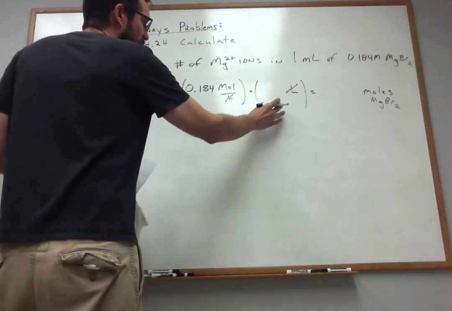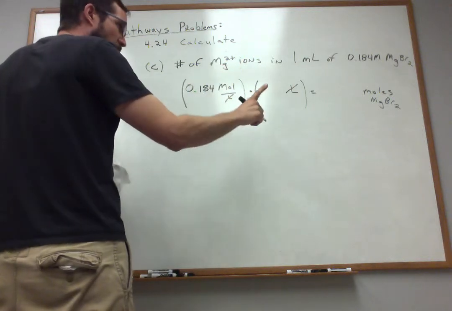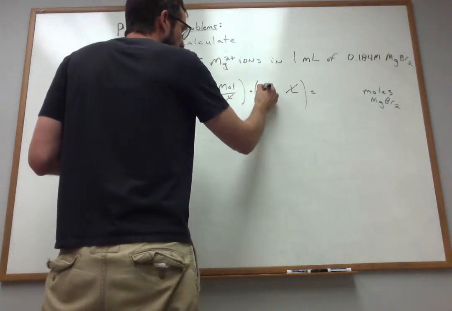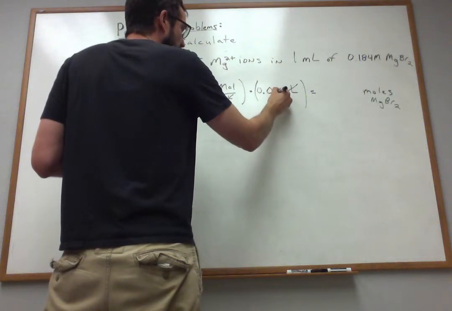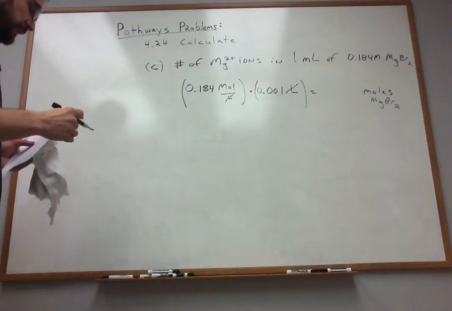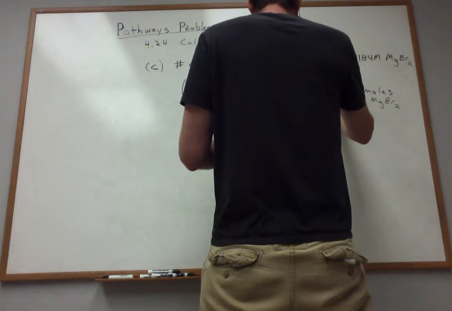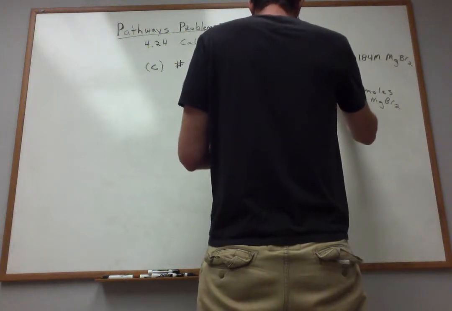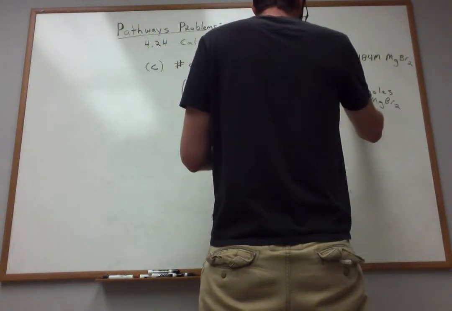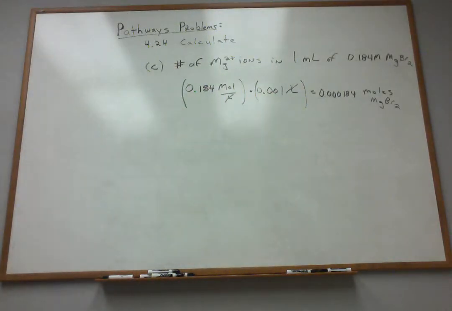The question is, what volume to use? I'm curious about how many magnesium ions are present in 1 milliliter. It's not a liter, that's just a milliliter, which is 1,000th of a liter, 0.001. Everybody see that? Hopefully so. So then in 1 milliliter, I've got 0.000184 moles of magnesium bromide present.